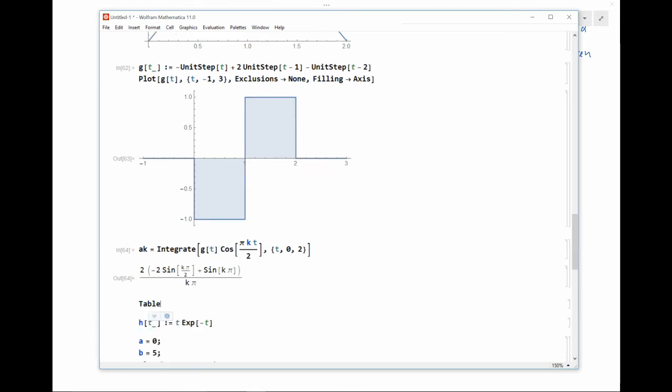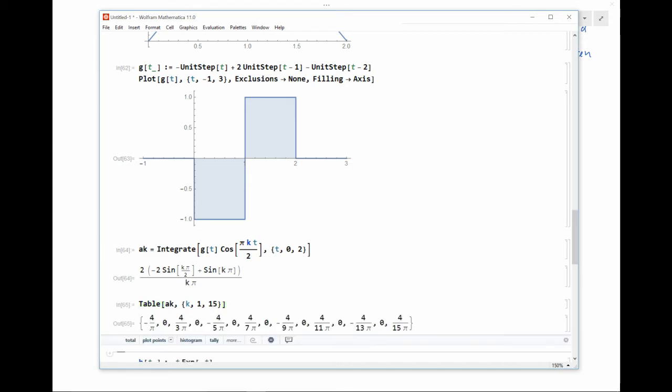Again, let's explore what these coefficients are for a few values of k. Let's see, half of them are 0, and among those that are non-zero, half of them are negative, half of them are positive. So let's compute the approximation.